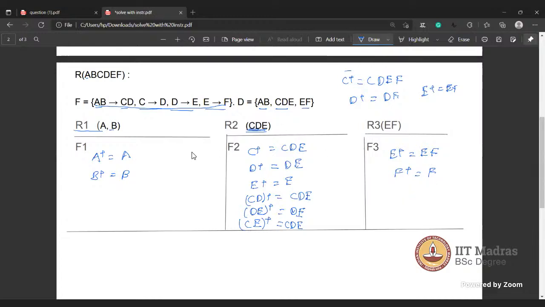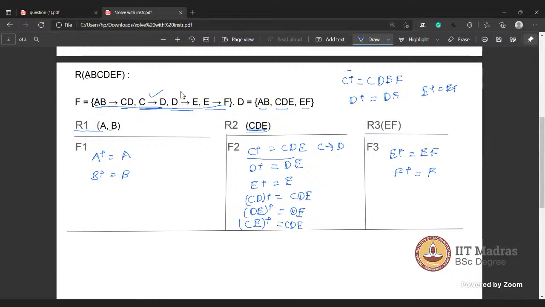Then we have to see which functional dependency is derived from the child table. So see, C determines D. We can derive this. You got it? Yes. So this functional dependency is preserved in the child table.